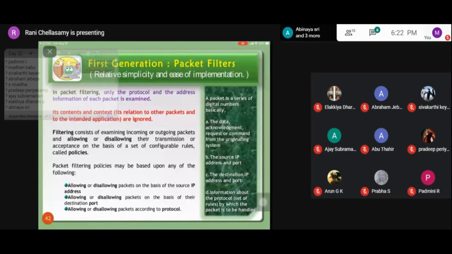So in packet filtering, only the protocol and the address information are used. Address information means the source address and the destination address of the packet.